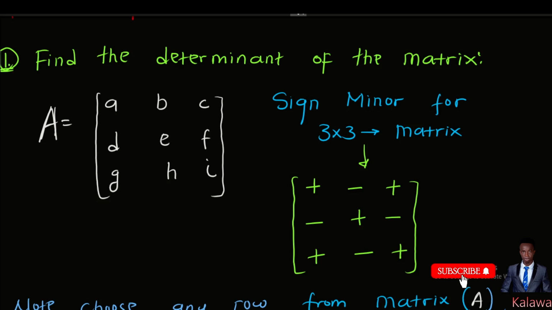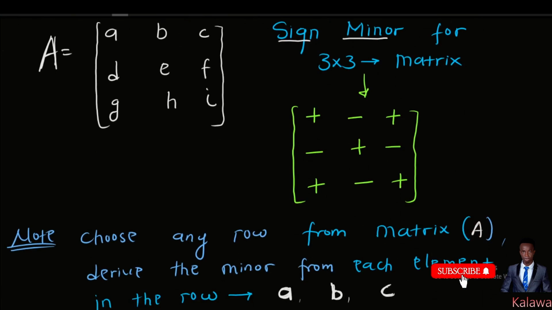Remember also the sign minor for a 3x3 matrix. It is always denoted as plus, minus, plus, minus, plus, minus, plus, minus, plus. So this sign is very important in finding the determinant or the inverse of a 3x3 matrix.